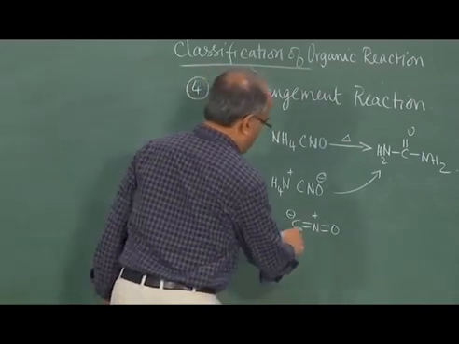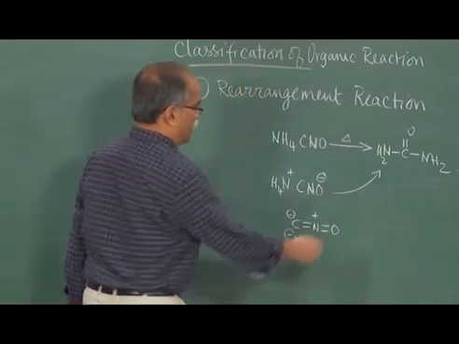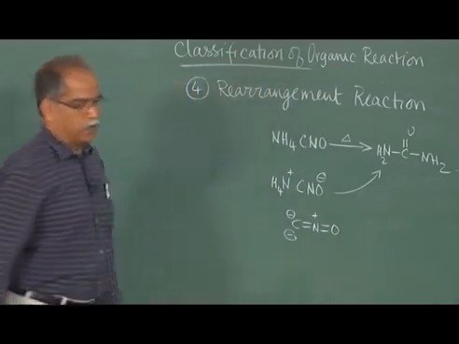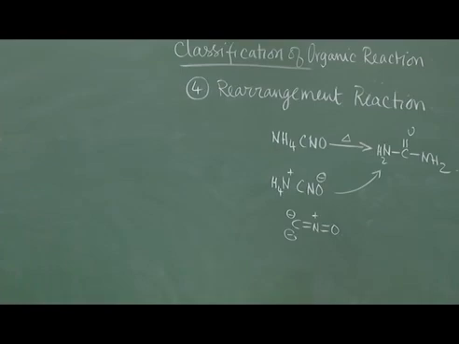So, somewhere along the line the carbon nitrogen bond is broken and the carbon oxygen bond is formed during the course of the reaction. So, rearrangement reactions essentially involve migration of atoms from one carbon to another carbon. Let us quickly take a look at another rearrangement reaction.